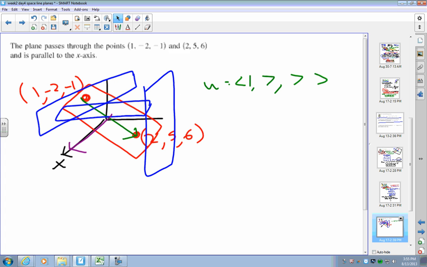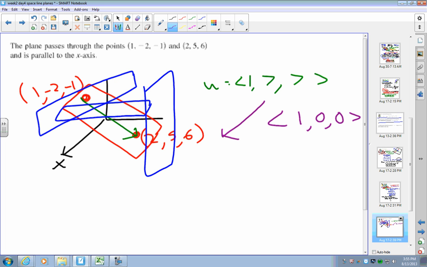So this vector, its orientation is coming out 1, 0, 0. The green guy is a vector in the plane, and this purple guy is a vector in the plane. If I have two vectors in the plane, I can cross product them to pop out the normal vector. If the normal vector's popped out and I already have a point, you can solve this problem just like the one that you did on the previous page.